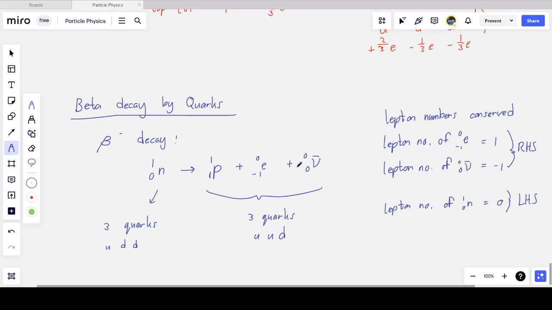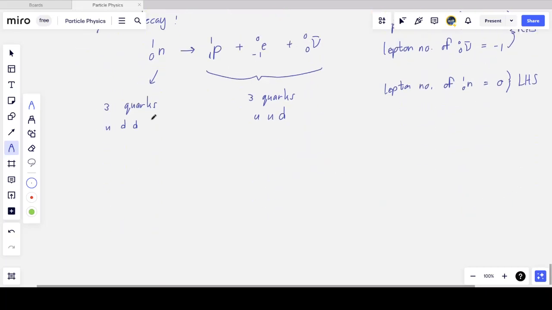So lepton number is conserved. However, what I have is a down quark on the left-hand side becomes an up quark on the right-hand side. And what this means is that the flavor is not conserved, because now I have more down quarks on the left-hand side than I do on the right-hand side. So even though lepton numbers are conserved, the quark flavors are not conserved.